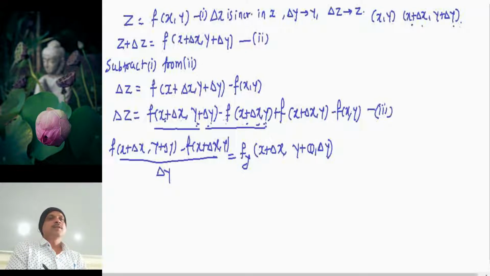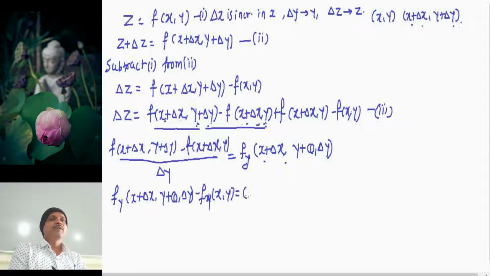So this is the derivative for the first two terms. But we know that when the function is f of x comma y, its derivative with respect to y is fy of x comma y. But here we get x plus delta x and y plus theta 1 delta y. So we consider this difference, fy of x plus delta x comma y plus theta 1 delta y minus fy of x comma y, equal to, suppose, epsilon 1.